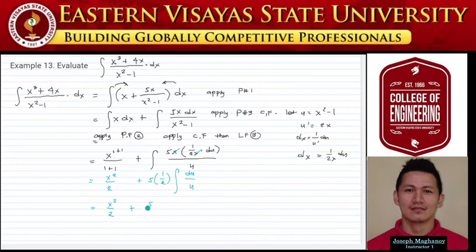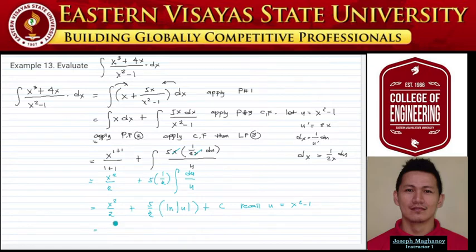applying our logarithmic formula. The integral of du over u is ln absolute value of u plus c. So then recall our u, x squared minus 1.